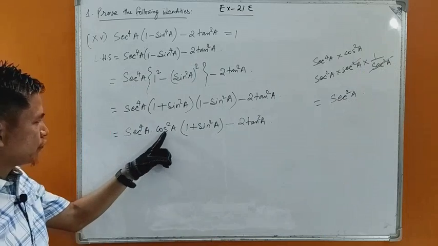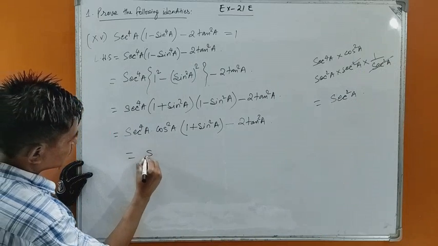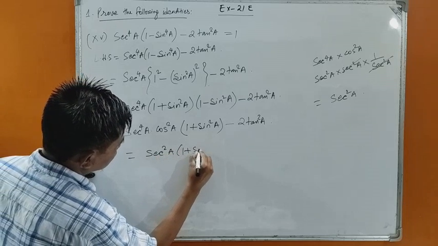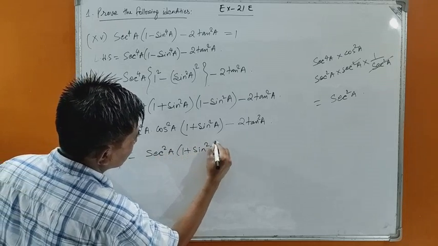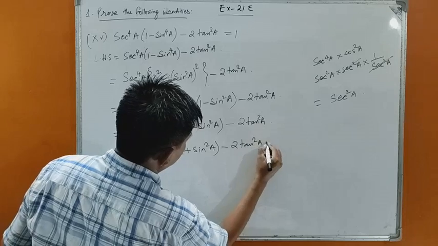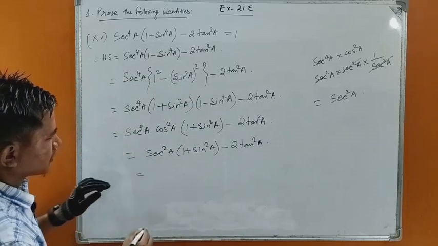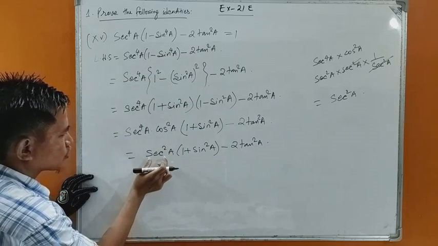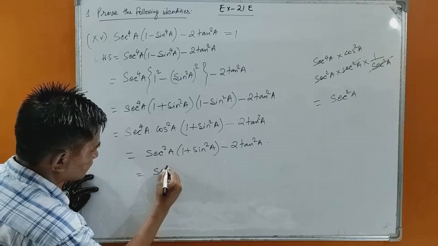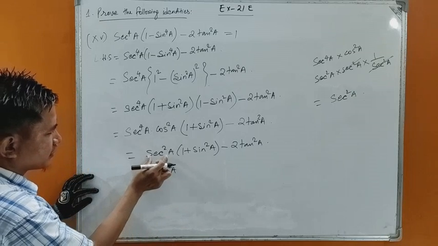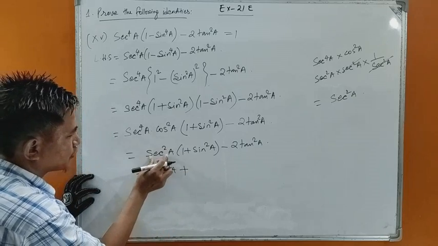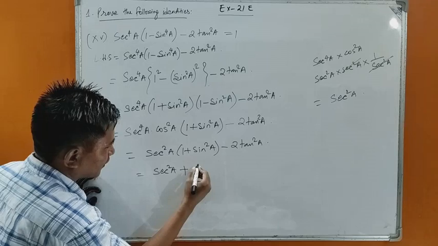So sec to the power 4a into cos square a is sec square a into 1 plus sine square a minus 2 tan square a. So sec square a into 1 is sec square a plus sec square a into sine square a.